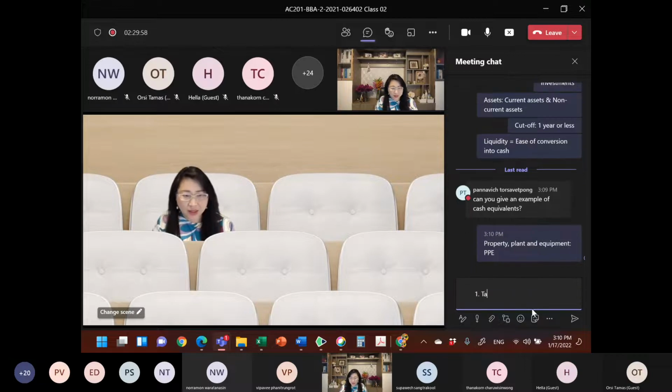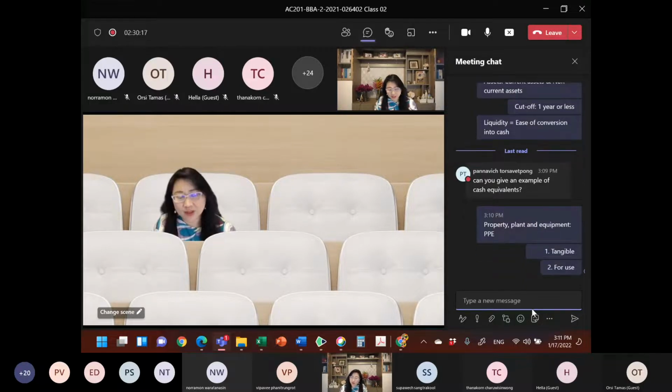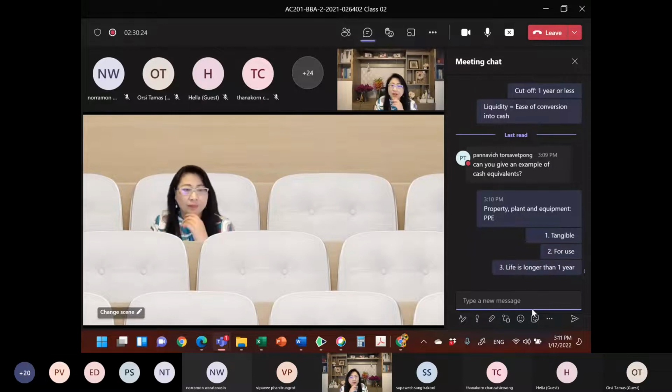First, it must be tangible, meaning something you can touch, something with physical substance. Secondly, you have them for use, not for sale, but for use. And thirdly, the life is longer than 1 year. So these are the characteristics of the PPE: tangible, have them for use, the life is longer than a year.